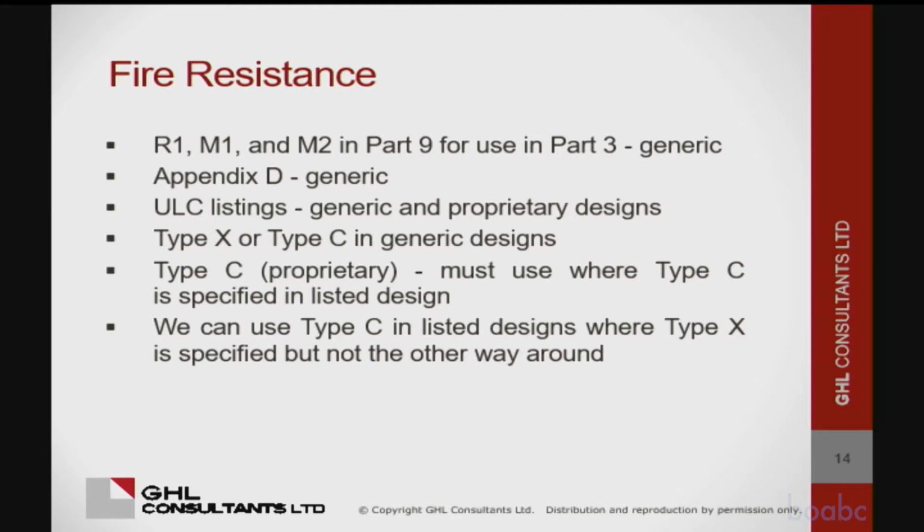You can use type X or type C in the generic designs, but in a proprietary design that was tested with type C, you have to use type C, because type C gypsum board is type X, but it's denser than type X, so it has better fire resistance. So if they tested it with type C, you can't replace it with type X. And if they tested it with type X, then type C is type X, so that's okay.